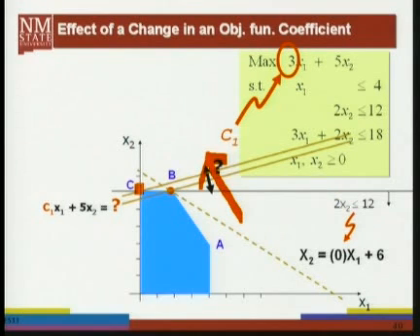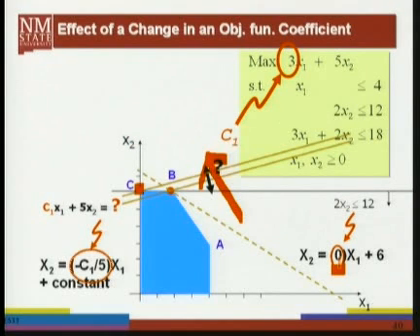And the slope of the plant number 2 constraint is 0, right? If the profit for each door is C1, again, the slope of each isovalue line will be negative C1 over 5.